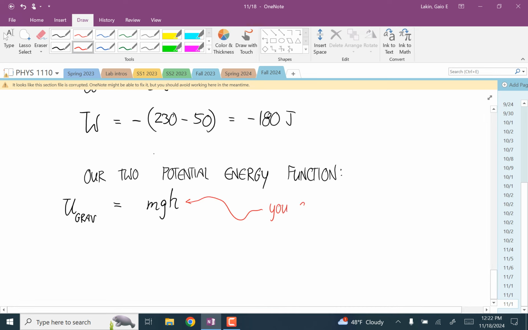So you can always choose your height equals 0 for any problem.